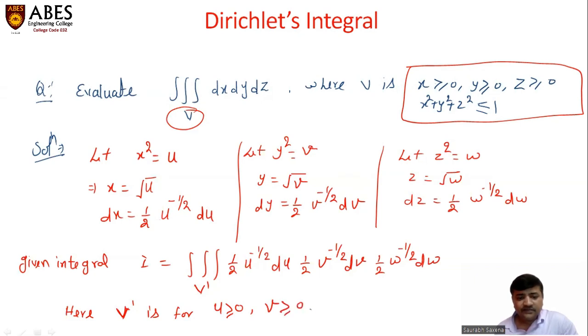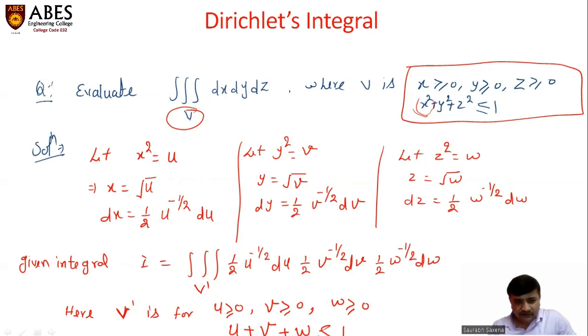Similarly, v and w will be greater than or equal to 0. And the fourth condition, x square plus y square plus z square, may be written as u plus v plus w, which is less than or equal to 1. So now in terms of UVW, we have the integral.